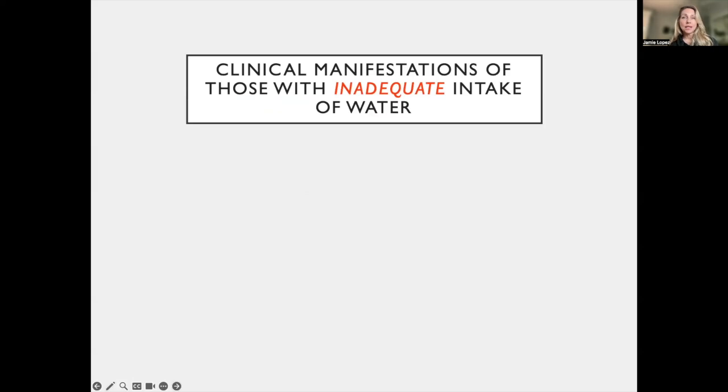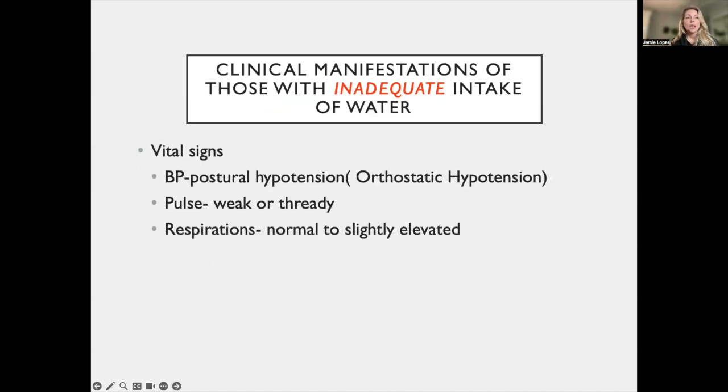So what are some clinical manifestations of a patient with inadequate intake of hydration or water? Our vital signs will be affected. If you are dehydrated, your heart rate will increase because now you have an inadequate vascular fluid volume.